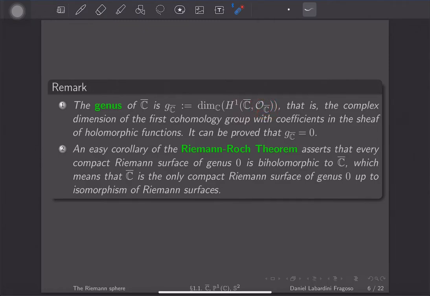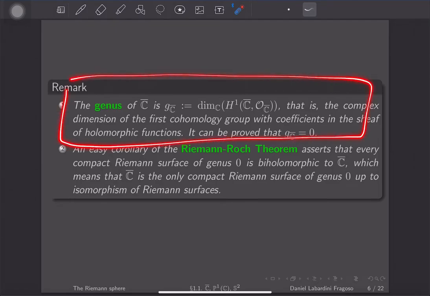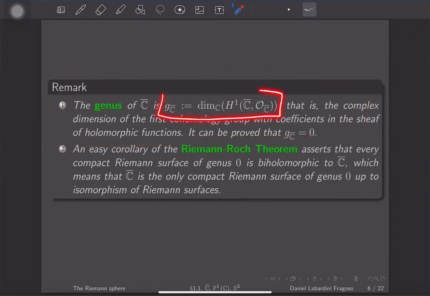Okay, that's a mouthful, but my point is that a certain number can be defined. And the definition of this number is compatible with what you already know, like that the torus has genus 1, for instance, and that when one has something with two handles, it's genus 2, and so on. My point in including this remark is that there are ways of defining these numbers in a very formal way.